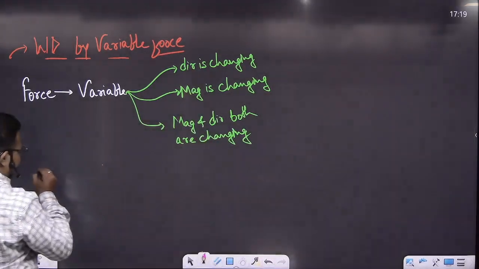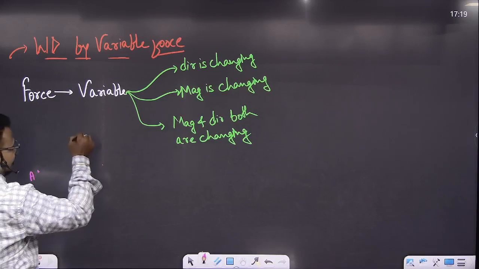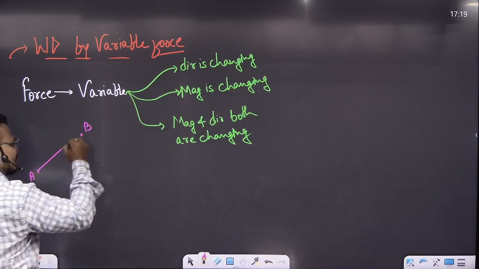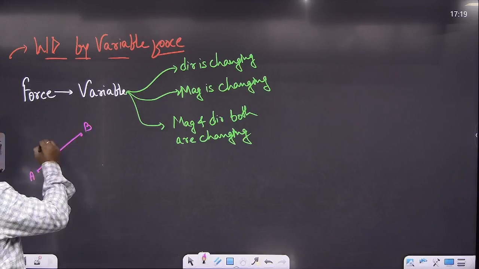So if we talk about work done, say I have taken a particle at A and it is moving to B, some distance S as a vector.